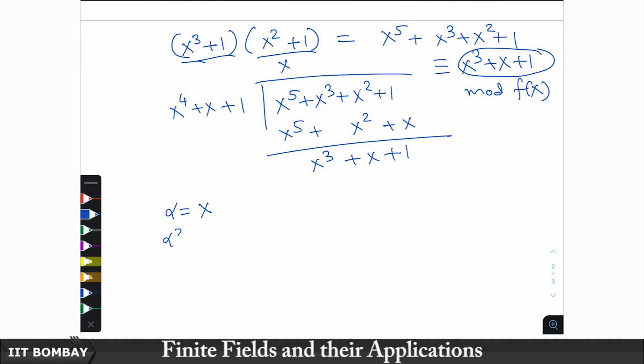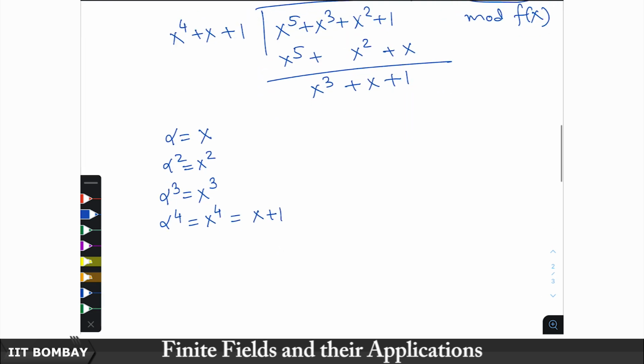So, let us take alpha equal to x and see whether its powers give us all the elements. Then alpha square equal to x square, alpha cube equal to x cube, alpha 4 equal to x 4, but this is when you divide by x 4 plus x plus 1, it becomes x plus 1.